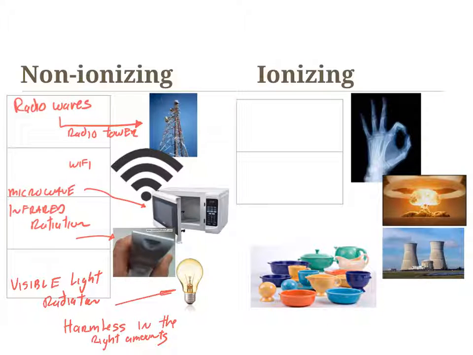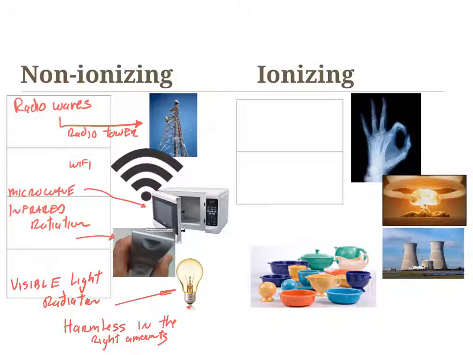For example, if I shine a beam of light from a flashlight on you, it won't bother you. But if I turn that light up to, like, I don't know, LED, and it's really, really intense, it might bother your eyes a little bit, maybe give you a headache. So that's the type of harmless that I'm talking about.